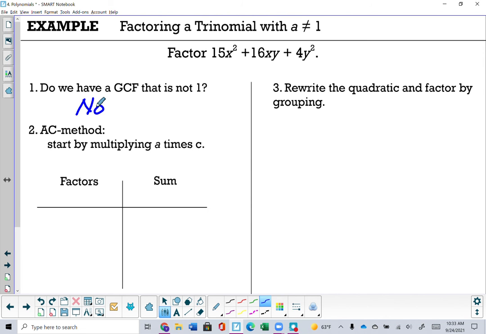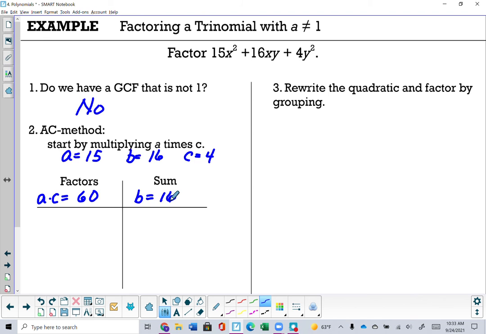All right, A, B, and C. A, 15. B, 16. C, 4. Okay, A times C. We get 15 times 4, so we get 60. And then our sum has to be our B value, which is 16.